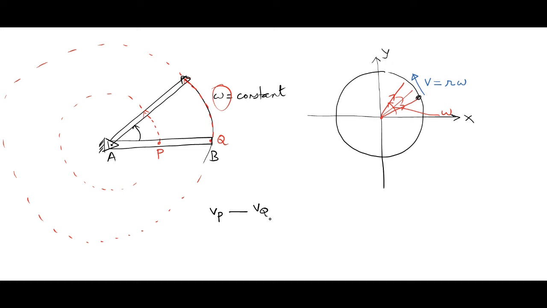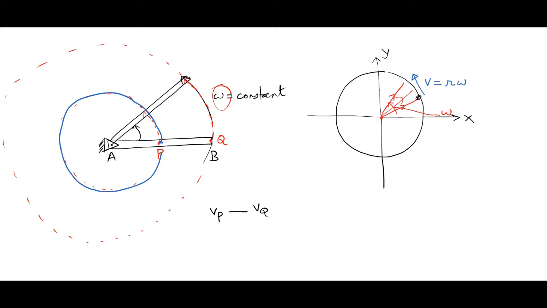So let's try a common sense approach first, and then let's try to derive the relation using the formula which we have just derived, namely v is equal to r omega. Now common sense says that particle P is going to go round like this.